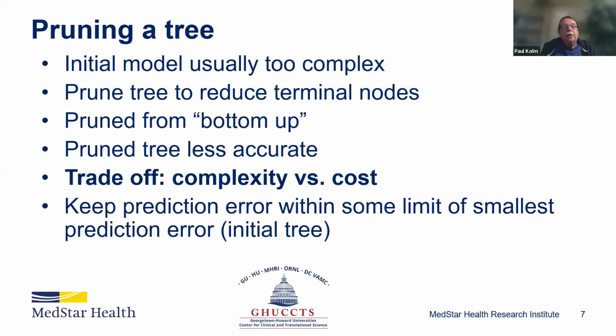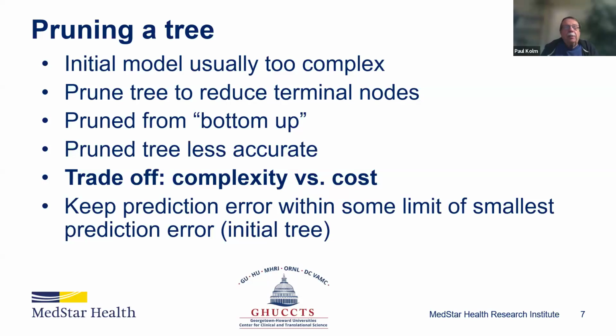And just like in linear regression, we want to keep the prediction error within some limit of the smallest prediction error, which is going to be given by our initial tree.